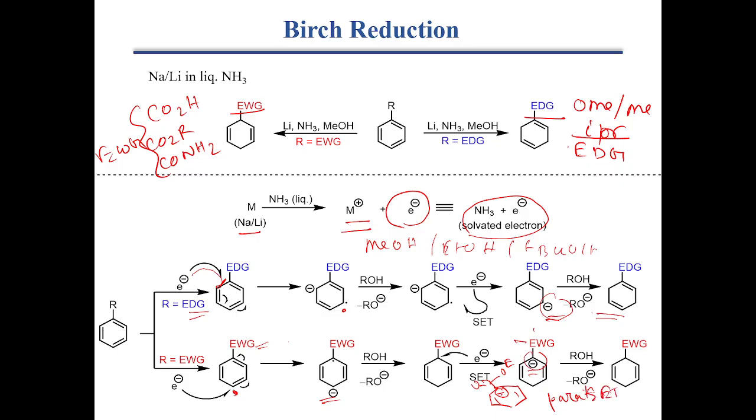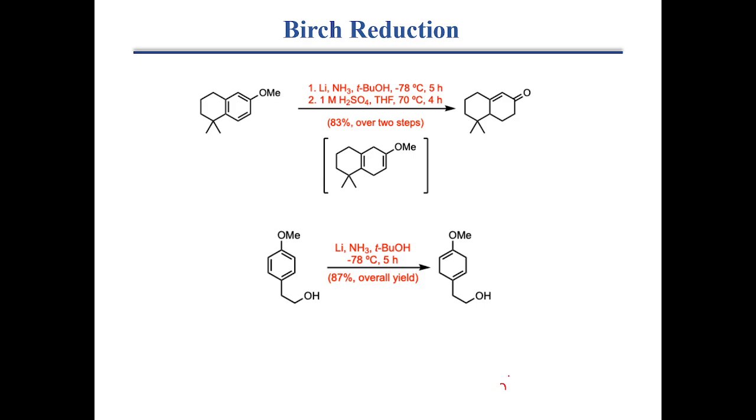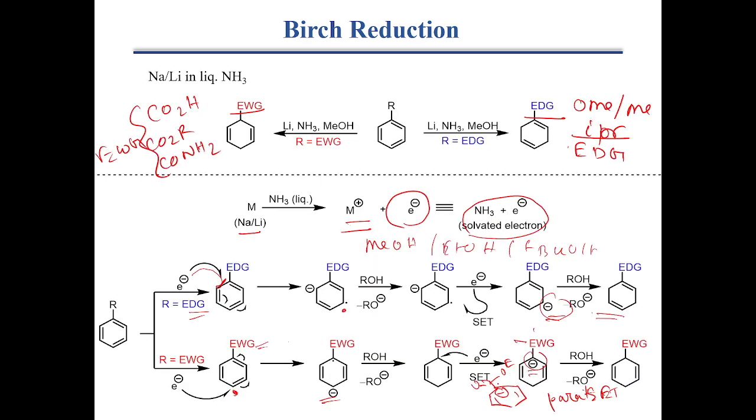Now this anion can be stabilized by the carbonyl group of the electron withdrawing group, through the resonating structure. That's why the single electron attack occurs in the para position for an electron withdrawing group.